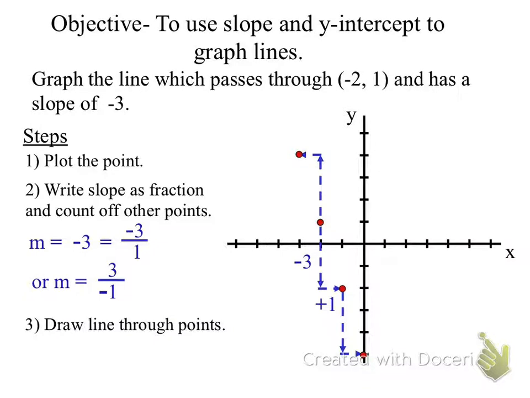I'm still having people plot the points and not drawing a line through. When we have an equation like this with x and y, it is the equation of all points that go on and on forever, and the only way we show that is if we draw the line through with arrows. And when you graph, you're still going to plot 2 points. You're still going to label 2 points.